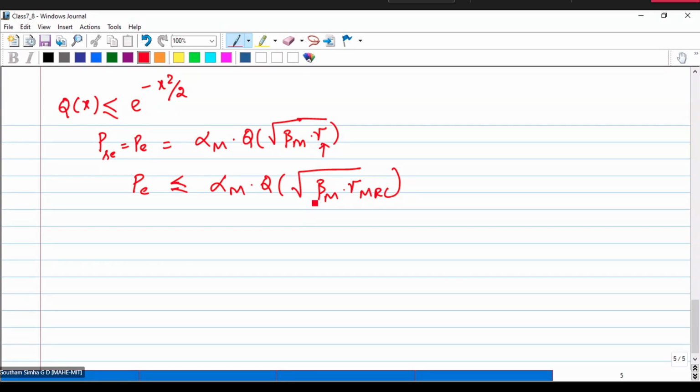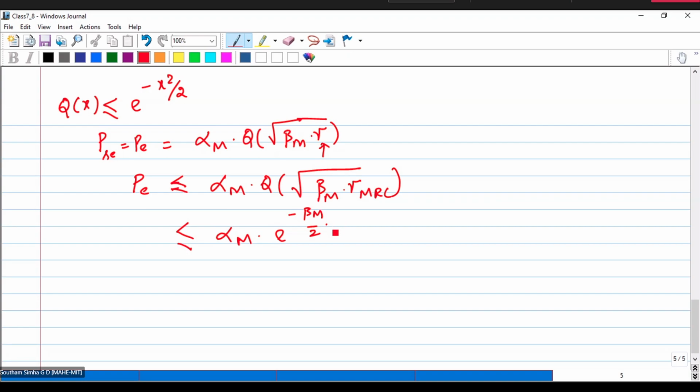What does it mean? It can be written as less than or equal to alpha m into Q of square root of beta m into gamma MRC, which can be written as e to the power of minus beta m into gamma MRC. Now, this can be written as e to the power of minus x square by 2, and the same thing you have to apply here: alpha m into e to the power of minus beta m by 2 into gamma MRC.